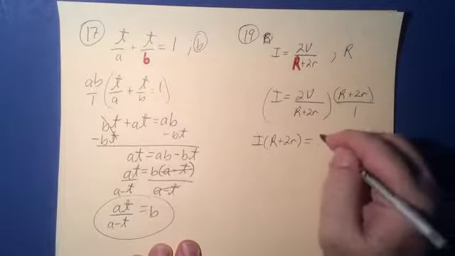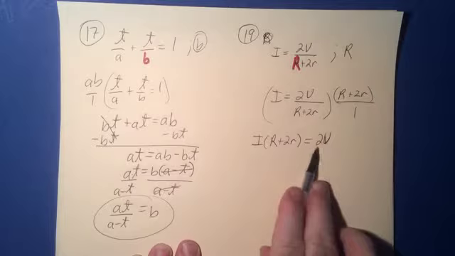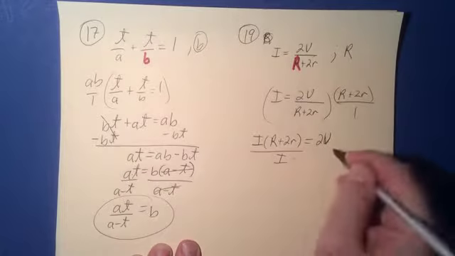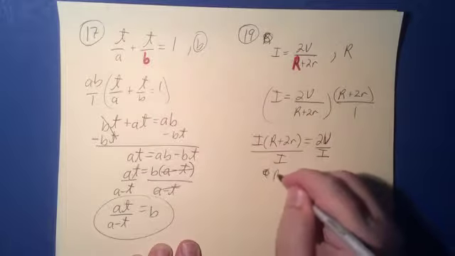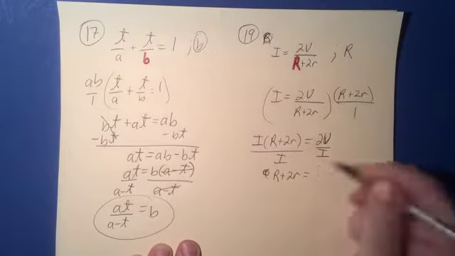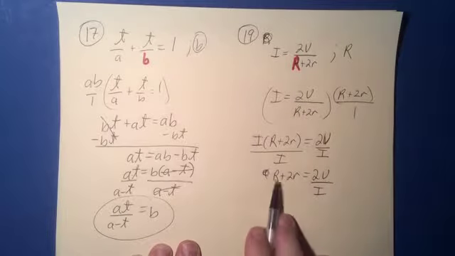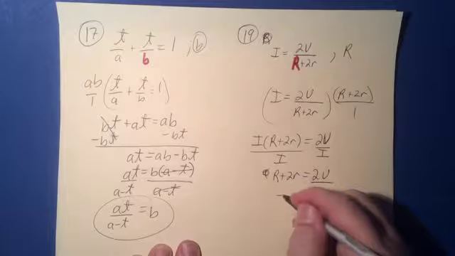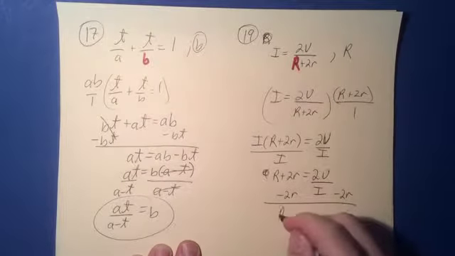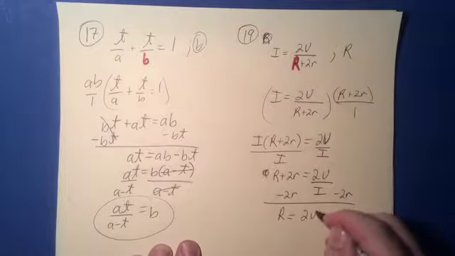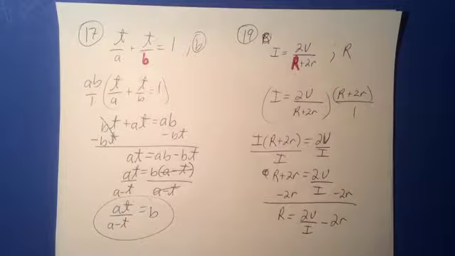Here they're going to reduce, giving me just 2V. Now I'm trying to get this by itself, so I'm going to divide both sides by I. This is going to be, don't need the parentheses anymore, R plus 2r is equal to 2V over I. Finally, if I want to get this by itself, I have to subtract 2r from both sides, 2 little r. But finally, I'm going to get R is equal to 2V over I minus 2r.